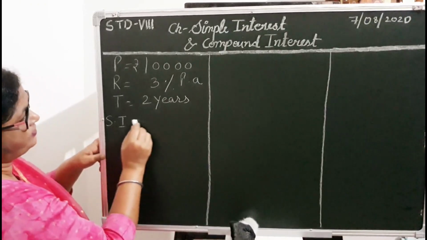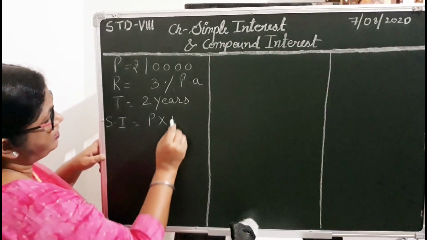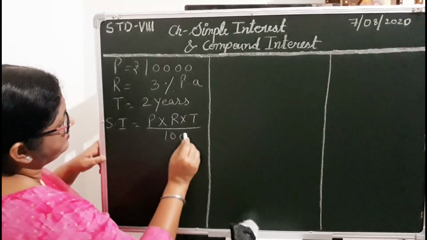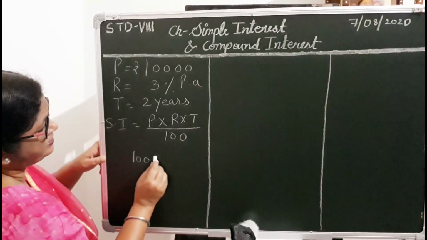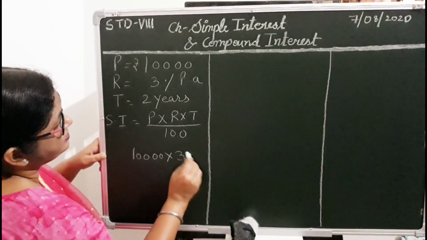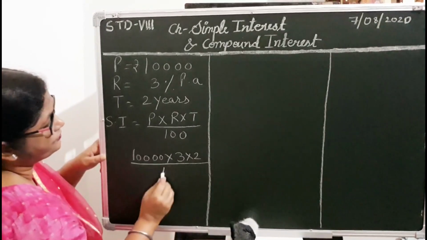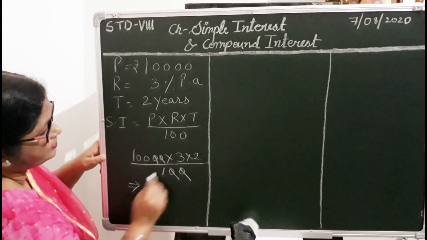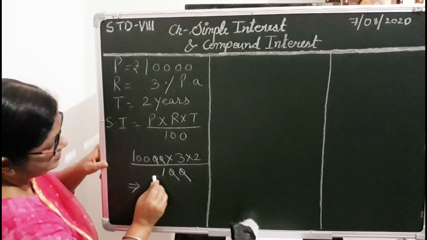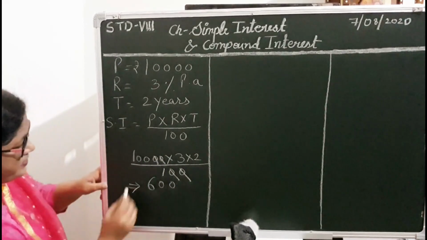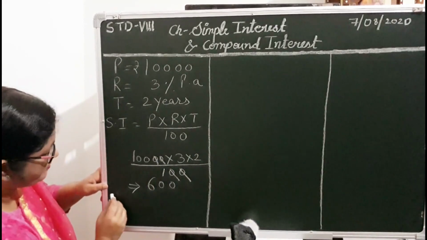Simple interest formula: P into R into T over 100. 10,000 multiply 3 multiply 2 over 100. 3 2s are 6. Means 600 is the simple interest.